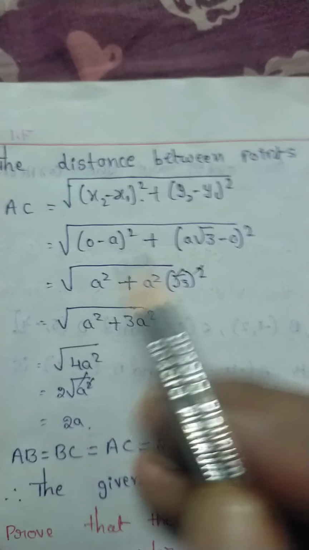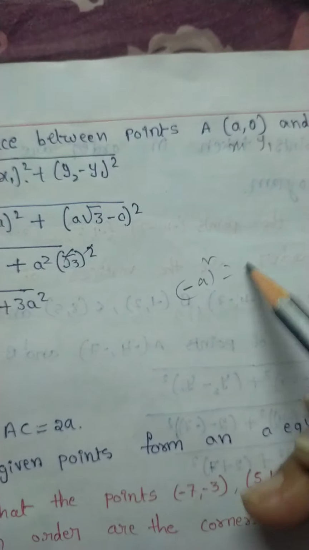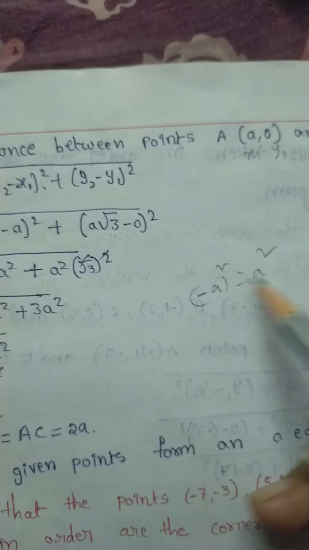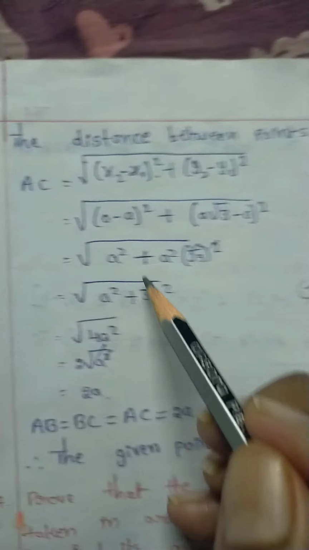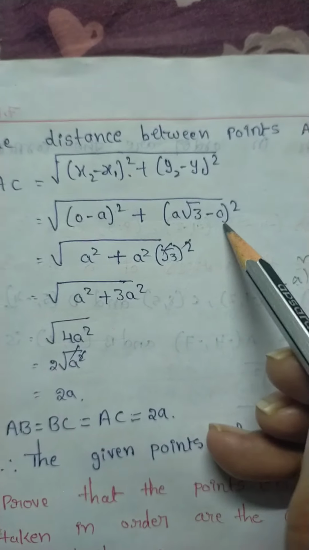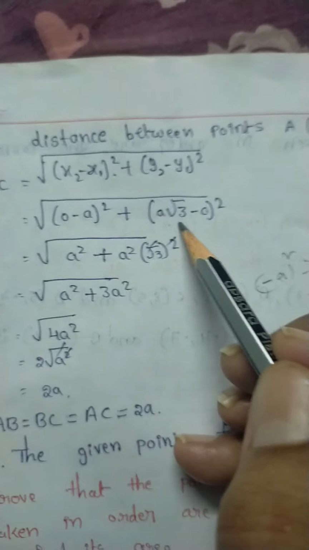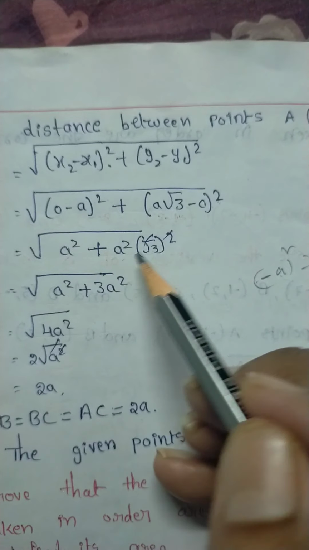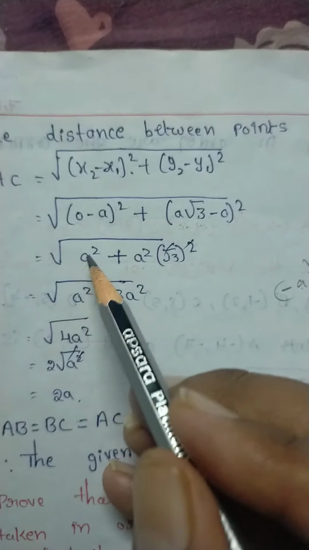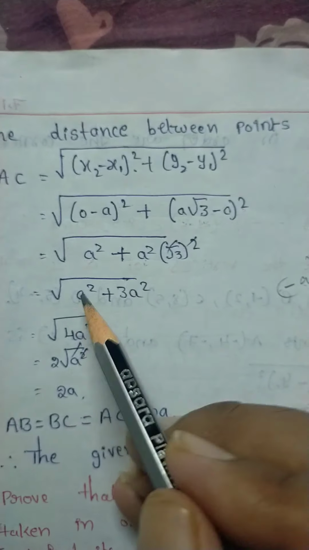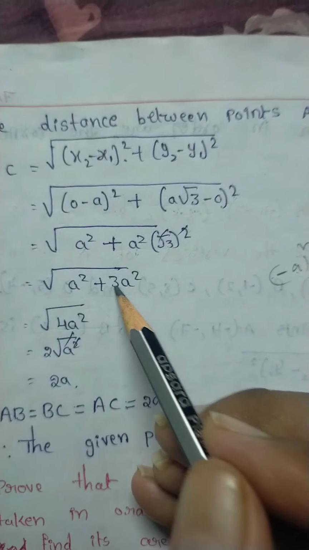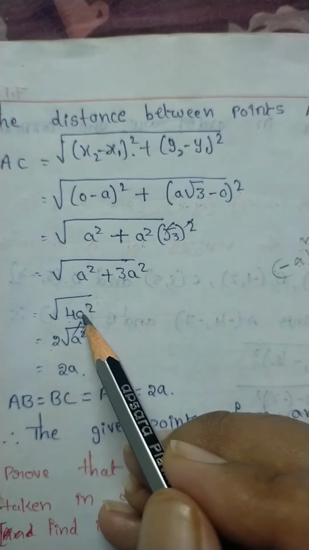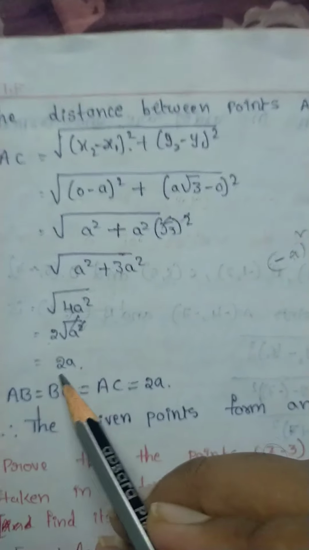Minus a whole square, power is even, plus a square. Then a root 3 whole square, the square root cancels: a square plus 3a square, total 4a square, root 4 value 2, root of a square cancels, 2a.